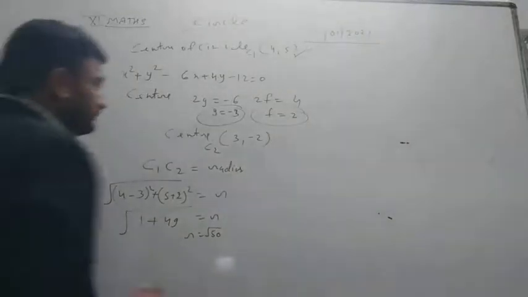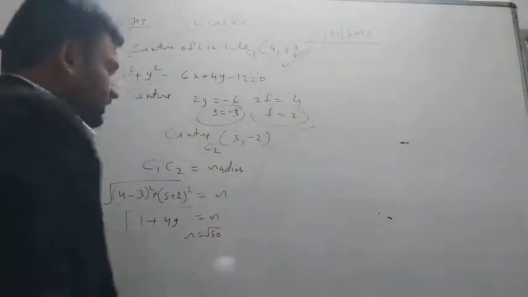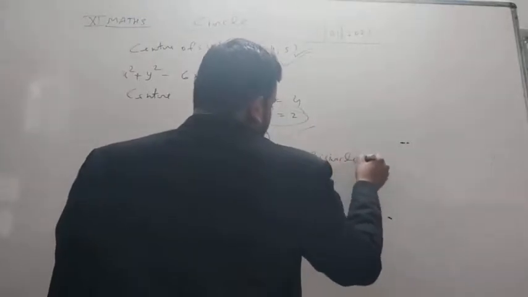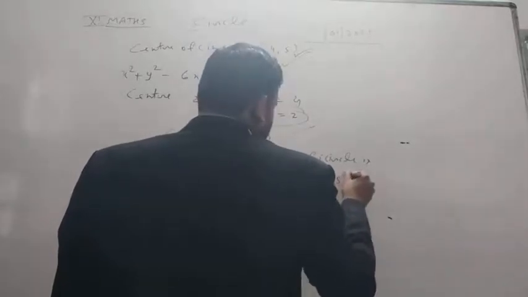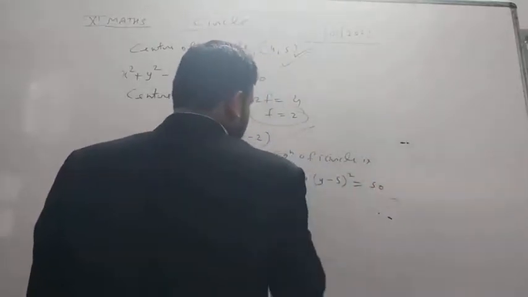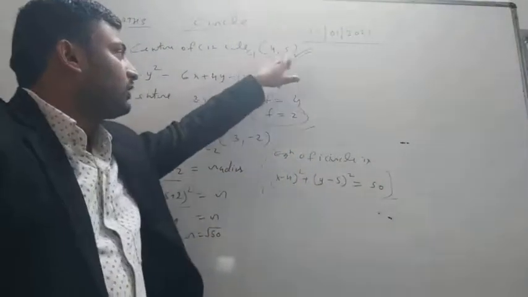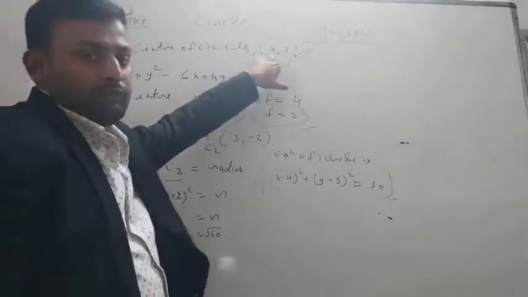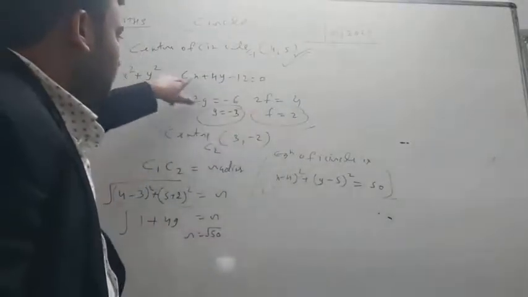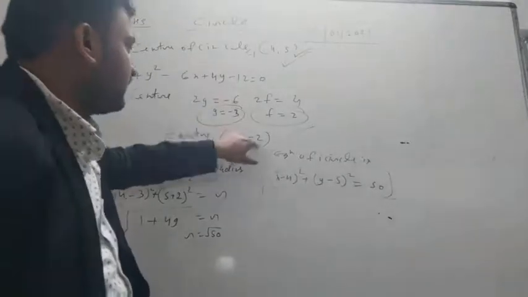Okay. Now center is given to us. So the equation of the circle will be what? X minus 4 whole square plus y minus 5 whole square is equal to 50. Okay, so this is the equation of the circle whose center is 4, 5 and which passes through the center of the other circle, which is 3, minus 2.